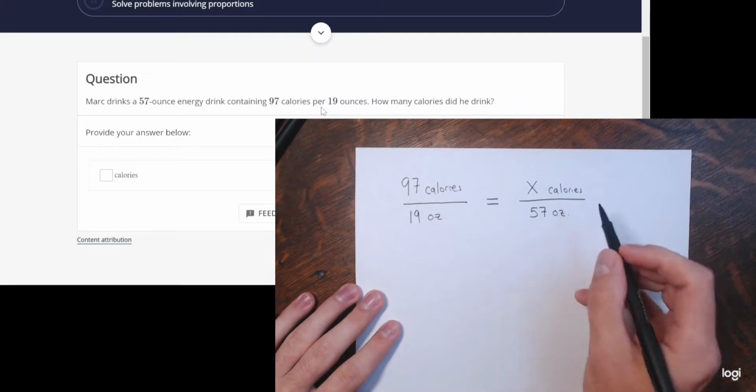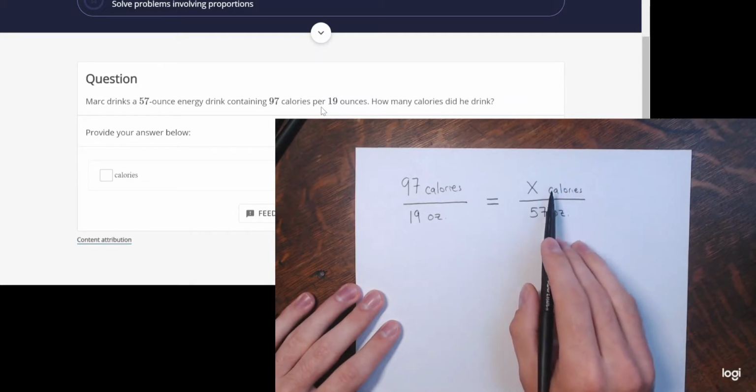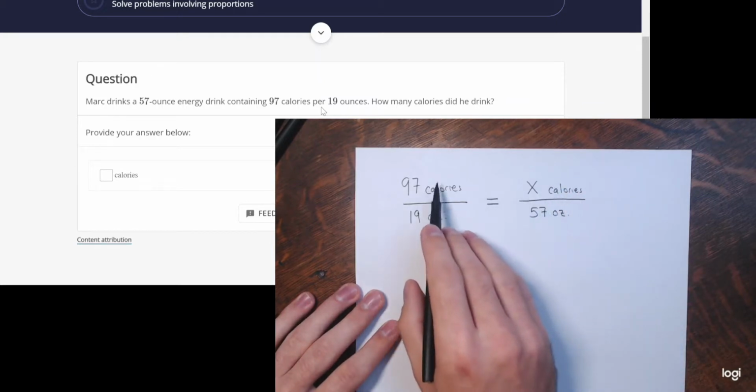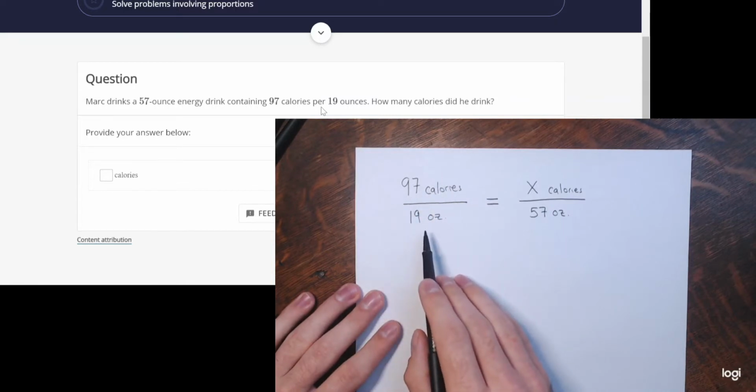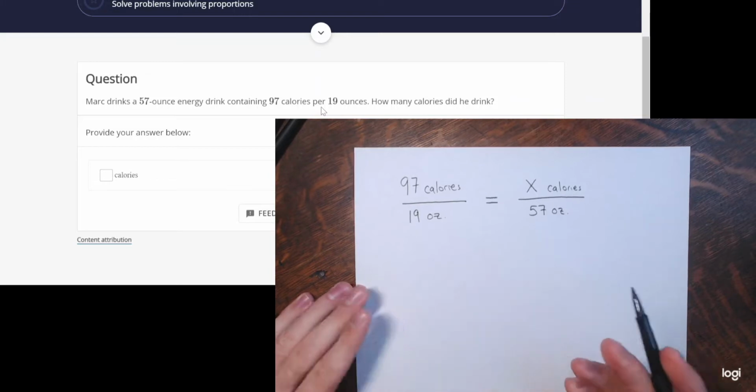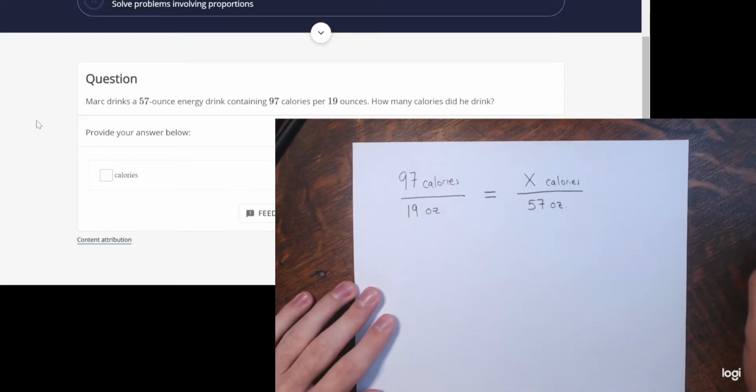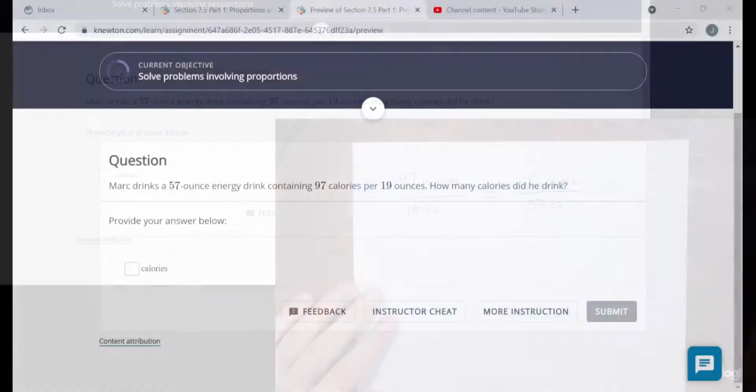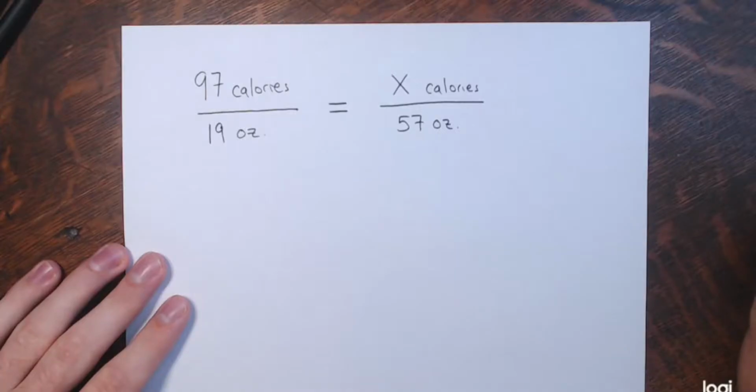Over on the right side, I have a ratio for the drink that Mark drank, and on the left side, I have the ratio for that same energy drink in general. And they should be equivalent, if he's drinking the same kind of energy drink.